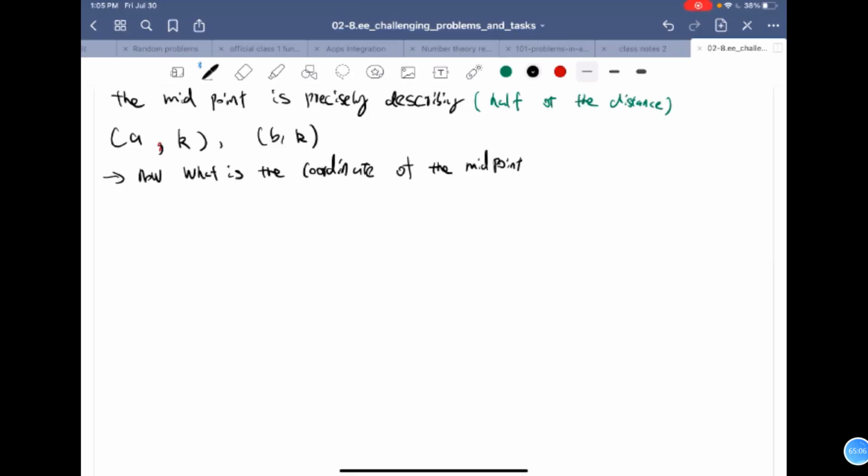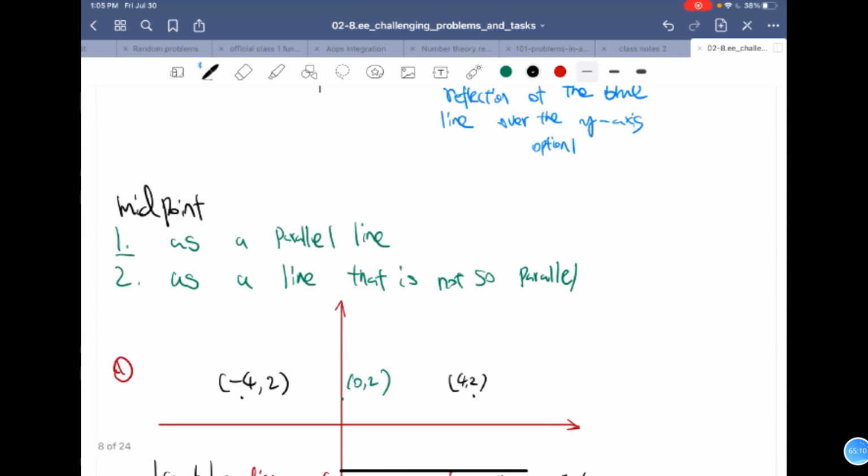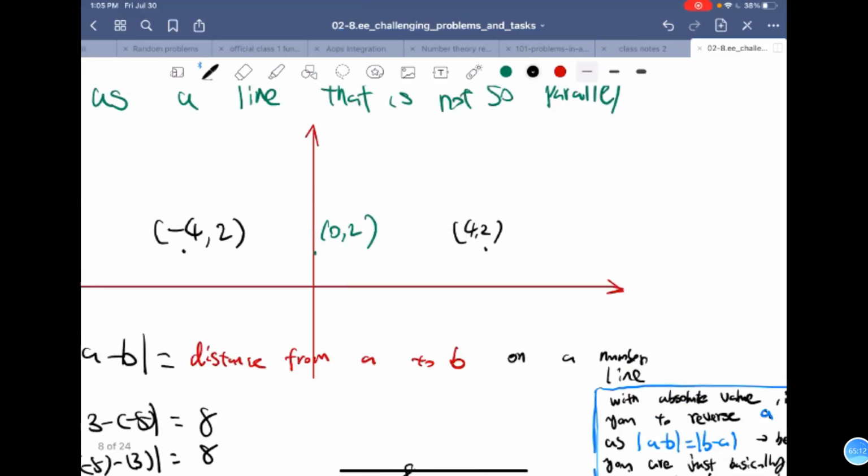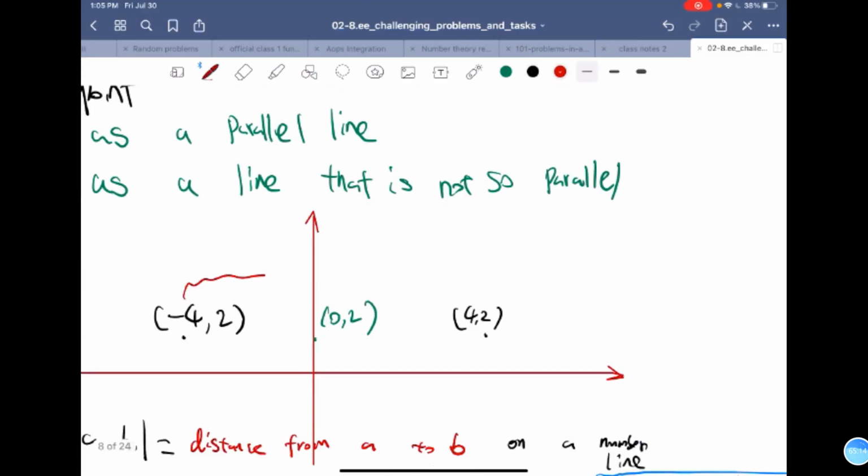Okay. In order to reach this midpoint, you have to say here's the total distance, right? You cut it in half, right? This is half.